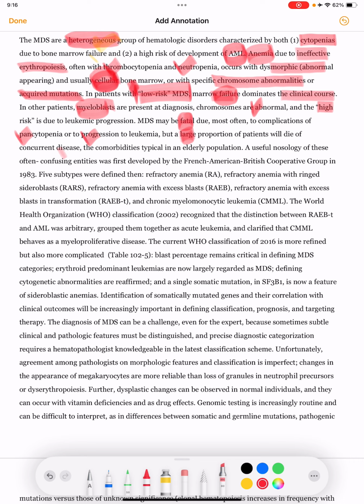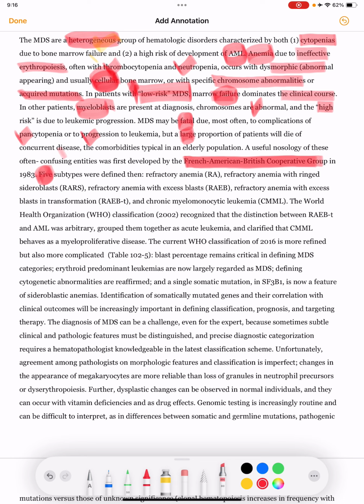Useful nosology of these often confusing entities. The first classification was developed by the French American British Cooperative Group in 1983. Then 5 subtypes were defined. What were those 5 subtypes?